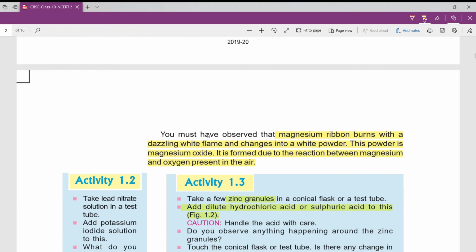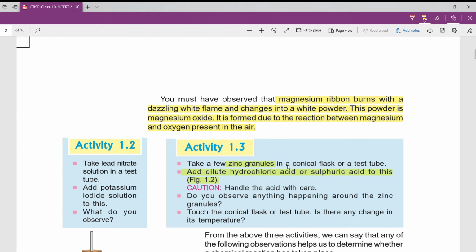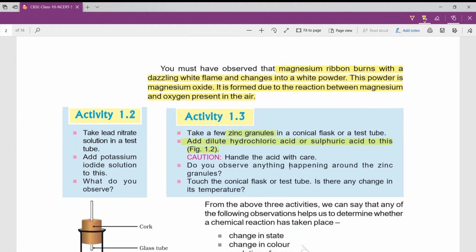Similarly, in the experiment of burning magnesium ribbon, what we observe is a dazzling white flame evolving during the formation of white powder. Another thing to be noted in this reaction is that it is done only in the presence of oxygen, because you know that oxygen is a good supporter of burning.